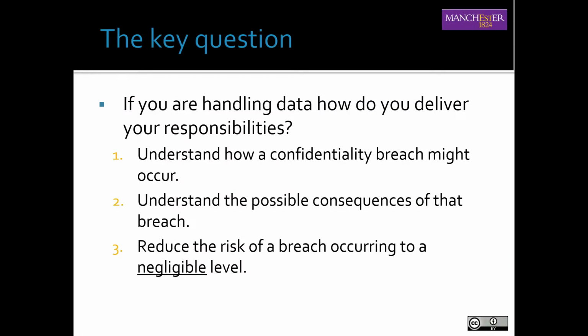The key question is, if you're handling data, how do you deliver your responsibilities? Firstly, you need to understand precisely how a confidentiality breach might occur, understand the possible consequences of that breach, and then reduce the risk of the breach occurring to a negligible level.